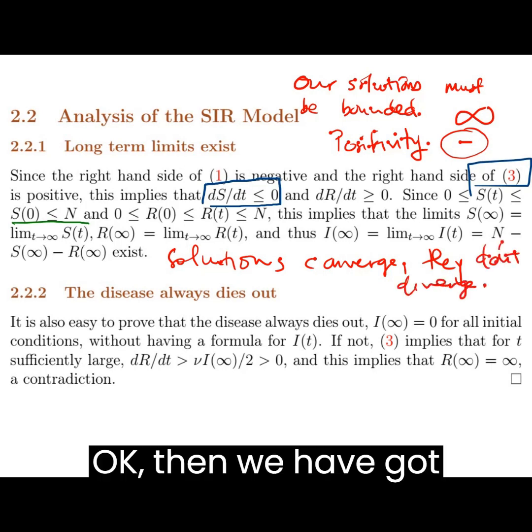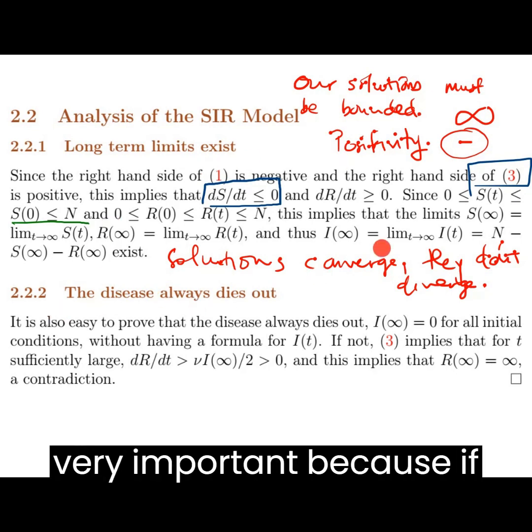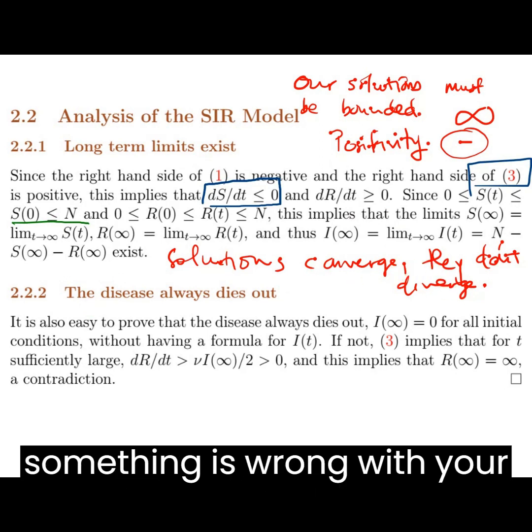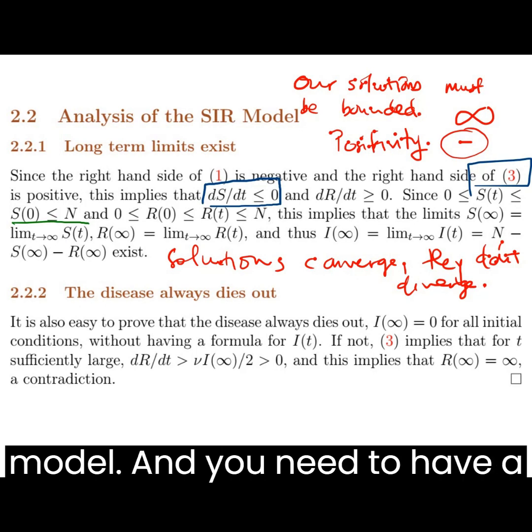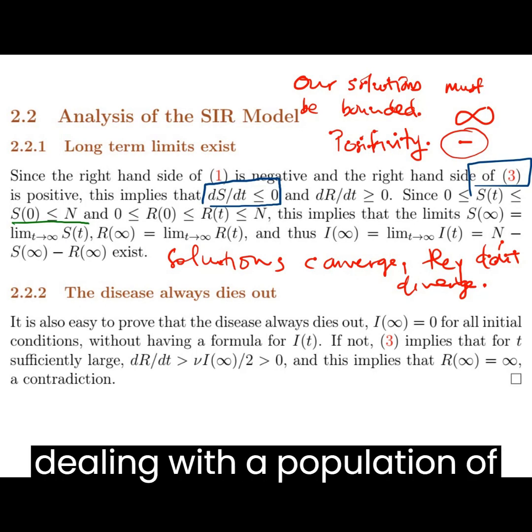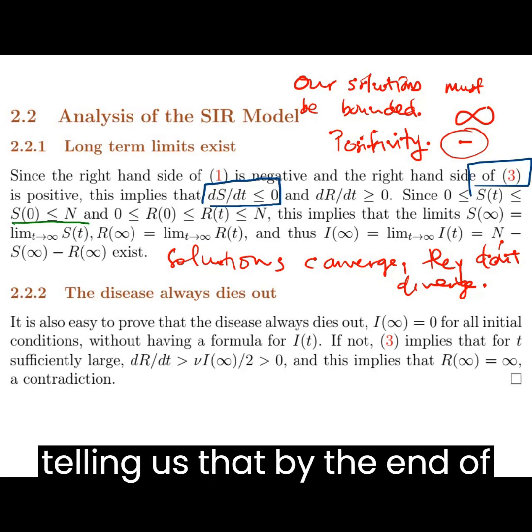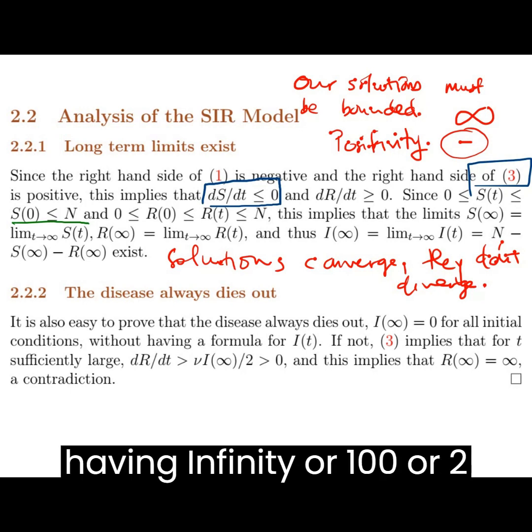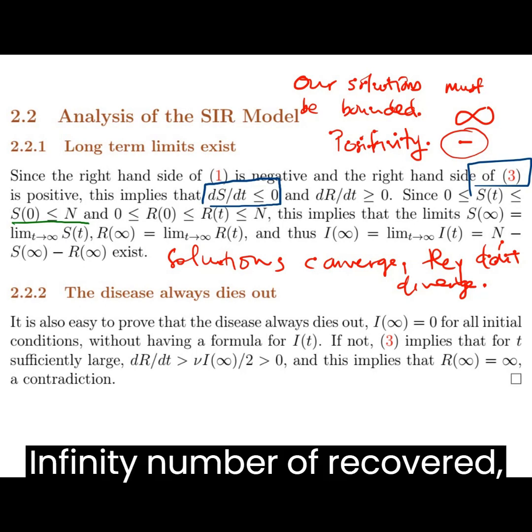Okay. Then we have the second part of the analysis. This is very, very important, because if you've got divergent solutions, it means that something is wrong with your model, and you need to have a relook, because you're dealing with a population of 40 people, and how come your solutions are telling us that by the end of time infinity we will be having infinity, or 100, or 2 million, an infinite number of recovered?